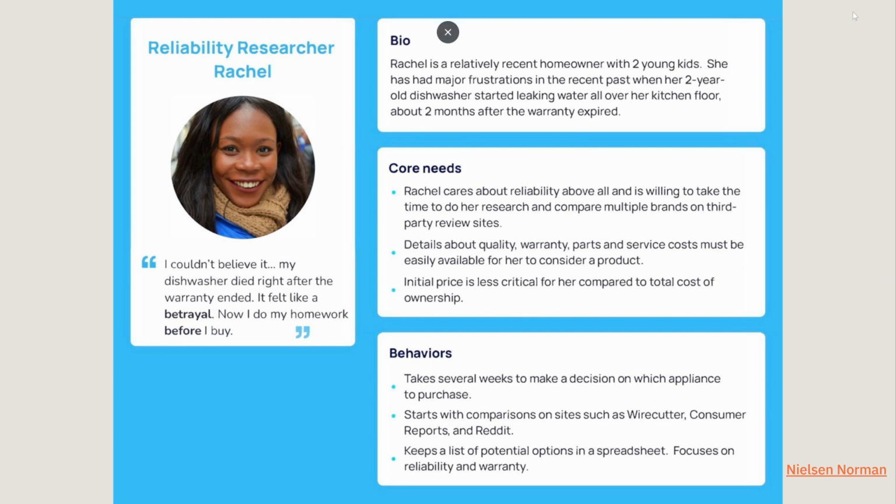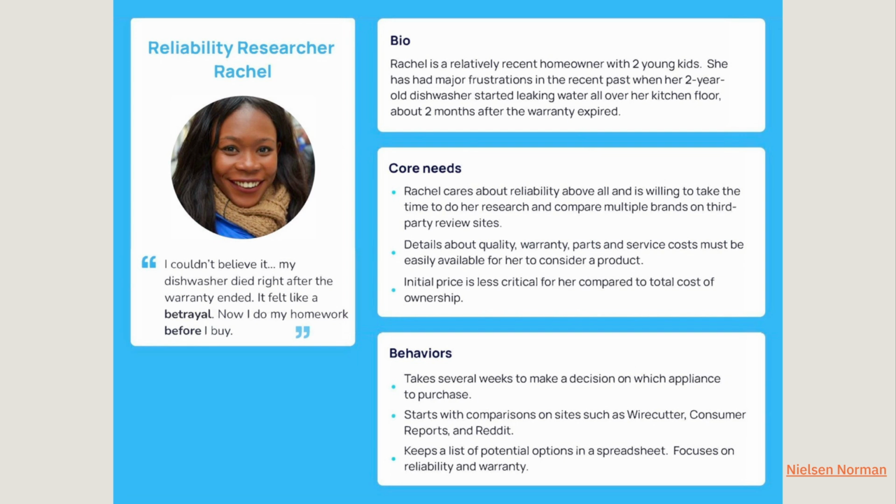As we read through this user persona, we can see that this is describing how this type of person or category of customer shops. In their behaviors, it says they take several weeks to make a decision when they're shopping for appliances. They start out by comparing products on third-party sites like Wirecutter or Reddit, and they keep a detailed sheet of the products that they're shopping for.